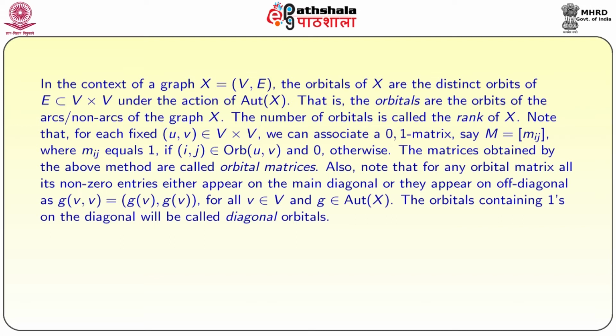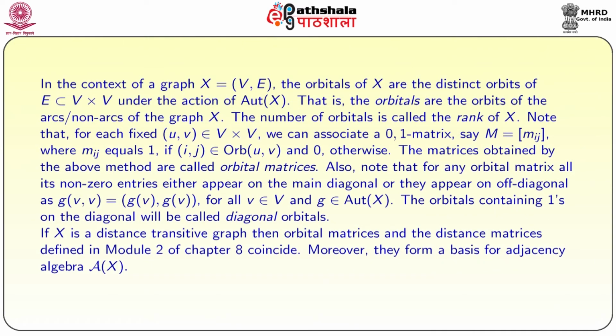Also note that for any orbital matrix, all its non-zero entries either appear on the main diagonal or they appear off the diagonal, as g(v, v) is always equal to (g(v), g(v)) for all v belonging to V and g belonging to the automorphism group of X. The orbitals containing ones on the diagonal will be called diagonal orbitals.